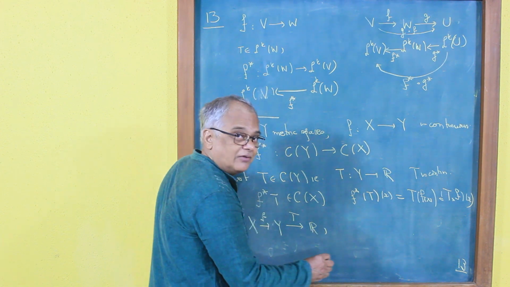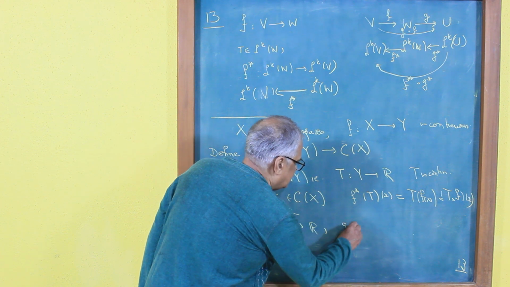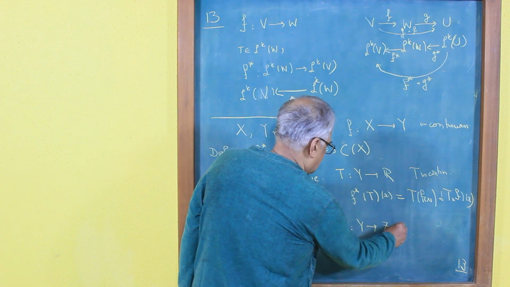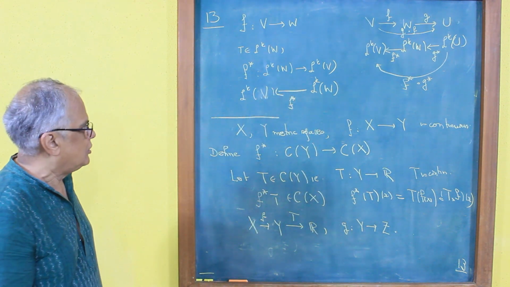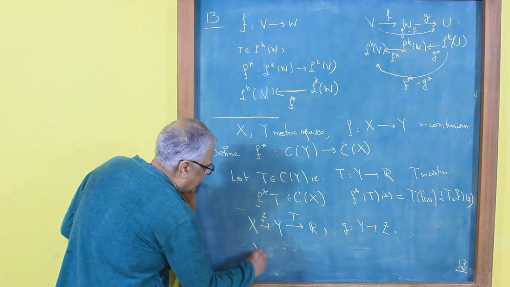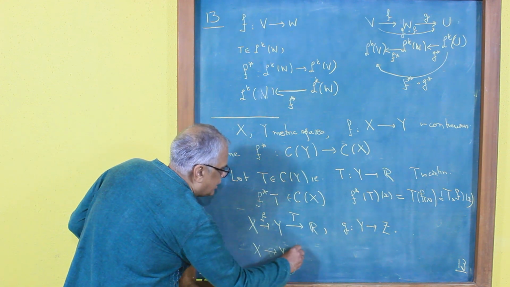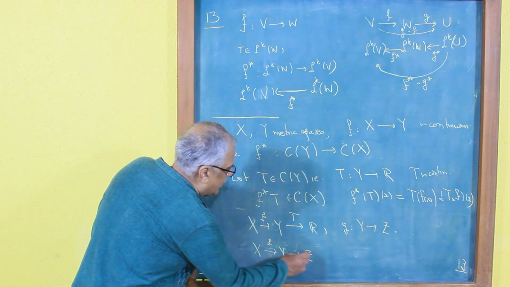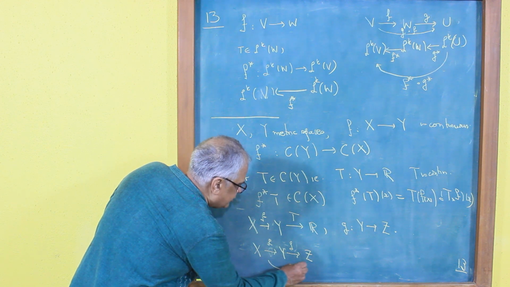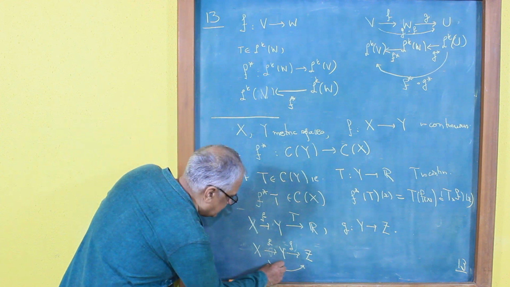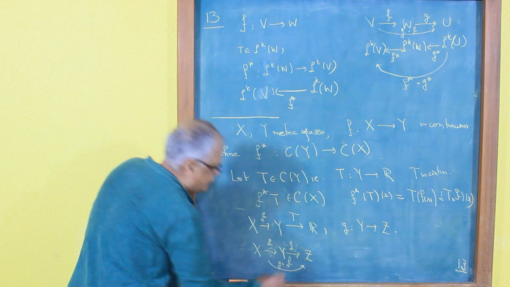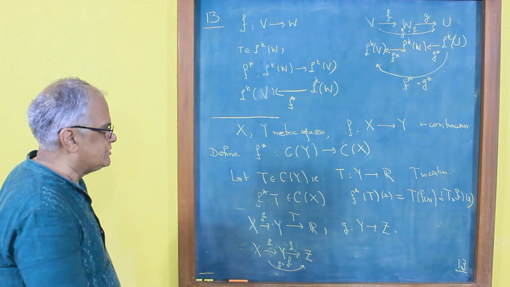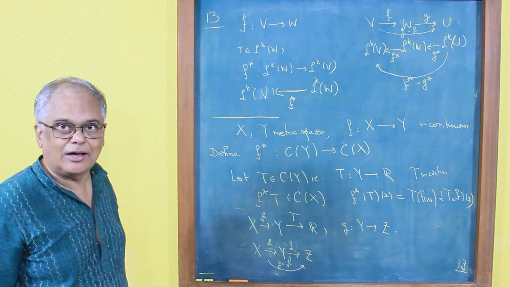Now what happens if we have a function G from Y to Z? So the picture I have now is X to Y to Z. X to Y is F, Y to Z is G. The composition is G composed with F. What is this G composed with F star?